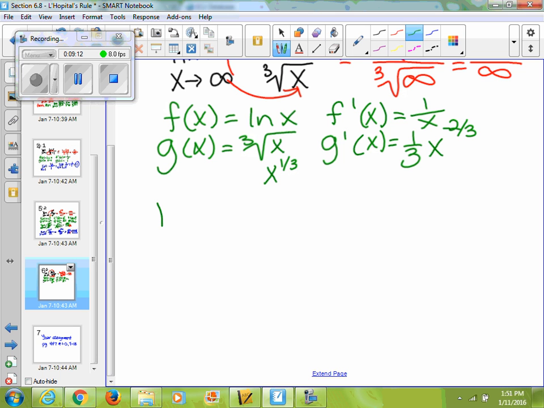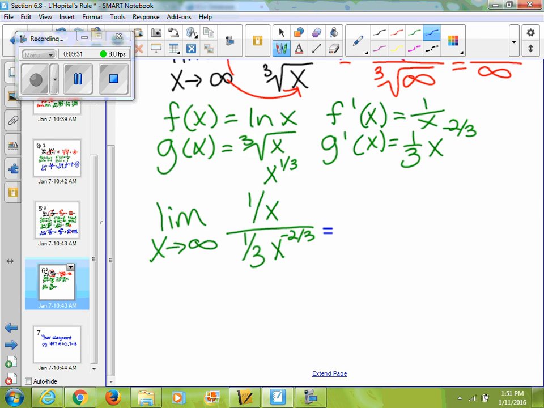So then if I want to find my limit as x approaches infinity of f prime of x, which is 1 over x, divided by g prime of x, which is 1/3 x to the negative 2/3. Well, let's start by simplifying. We have 1 over x times 3 over 1 x to the 2/3.